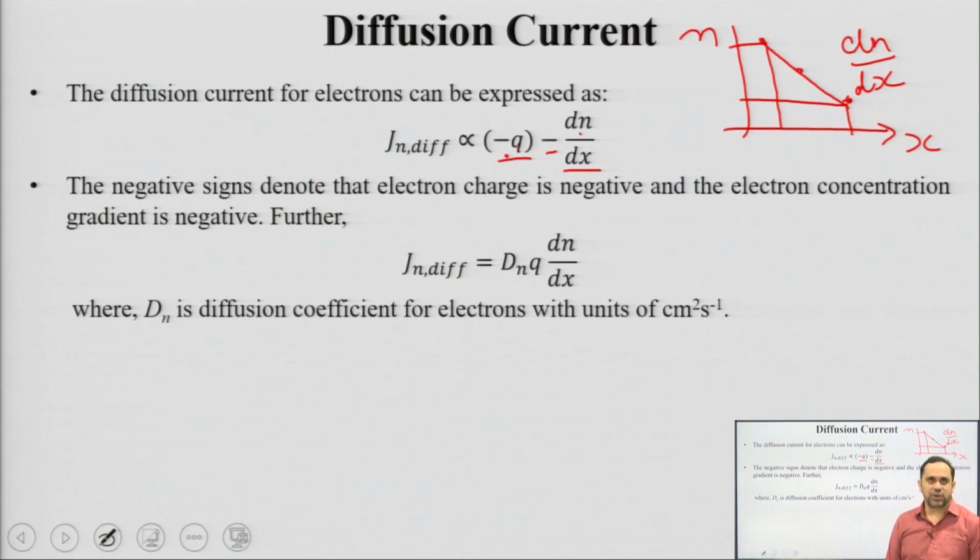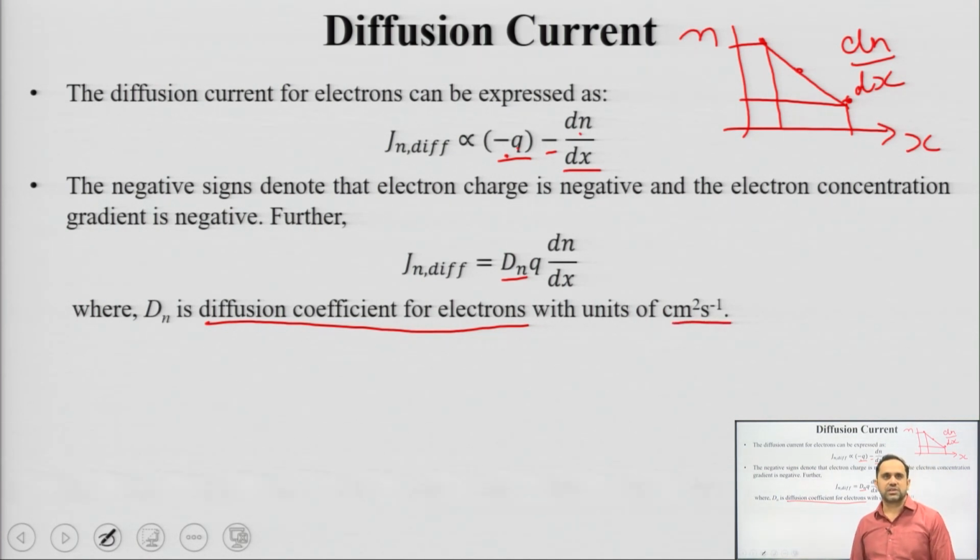Okay. So, what we do for electrons we will do for holes also. For electrons, the current is proportional to the charge q as well as the concentration gradient, the product, and the proportionality constant here is represented by D subscript n, where D n is known as the diffusion coefficient for electrons and the units are centimeter square per second.